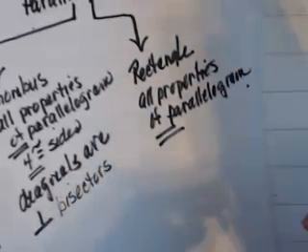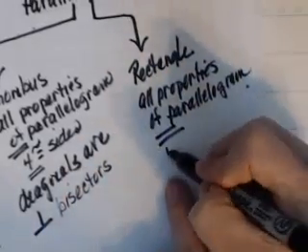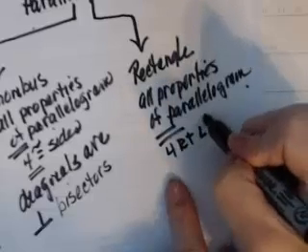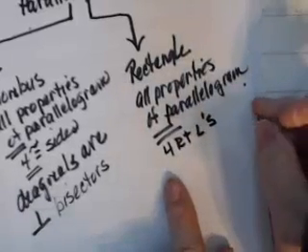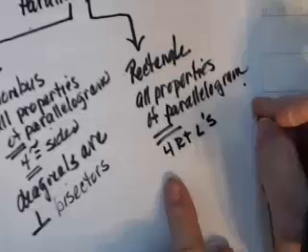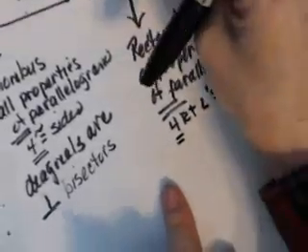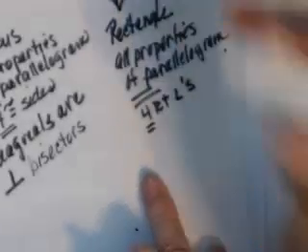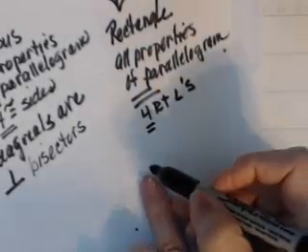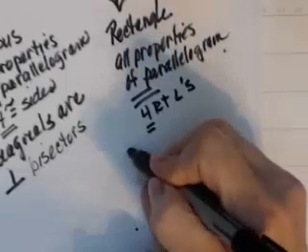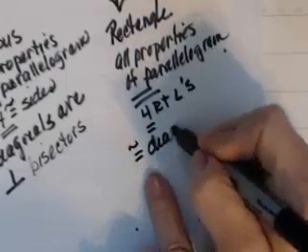And then it has some of its own. It has four right angles. It has congruent diagonals.